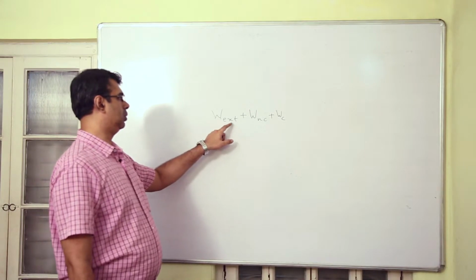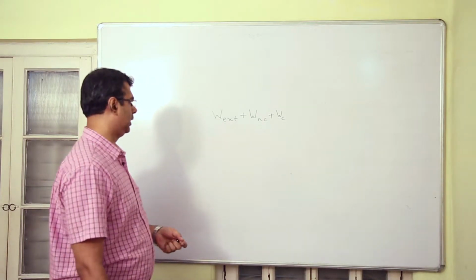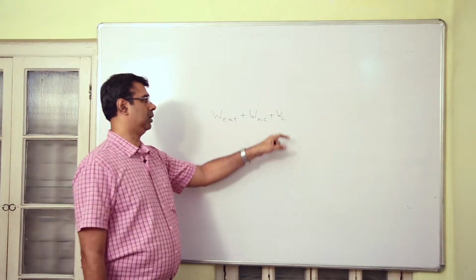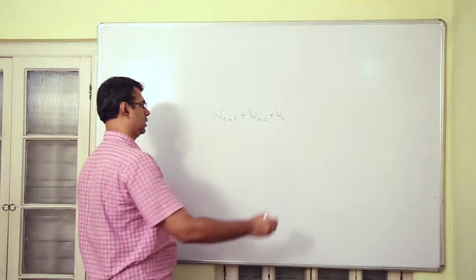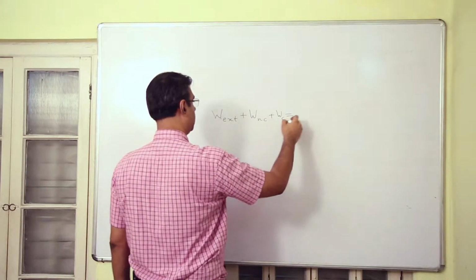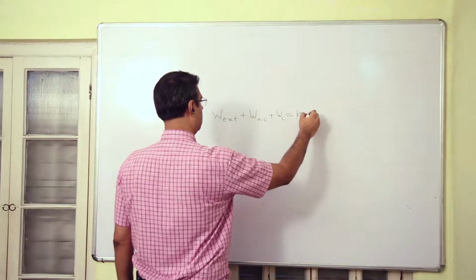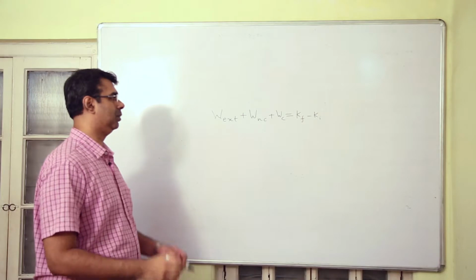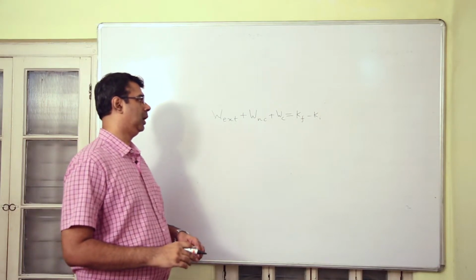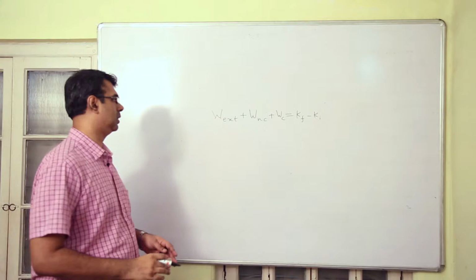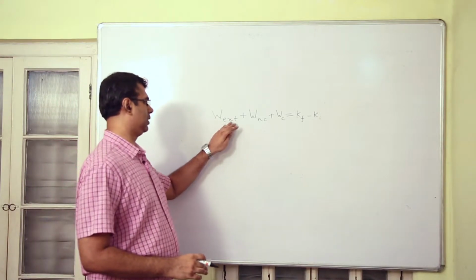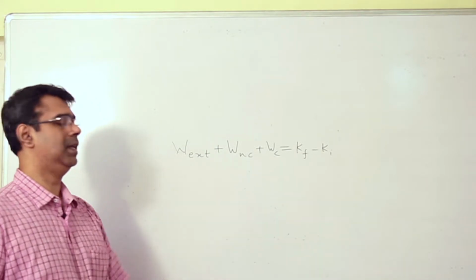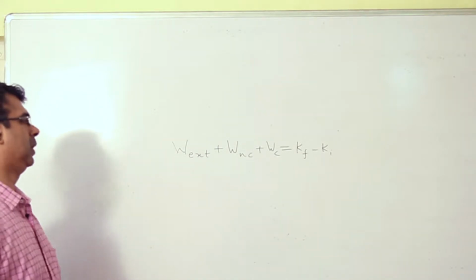The total of these will be equal to the change in kinetic energy. So now we have a much better understanding of the work energy theorem in terms of all the forces acting on the system. The total work done by external forces plus non-conservative internal forces plus conservative internal forces is equal to the change in kinetic energy.